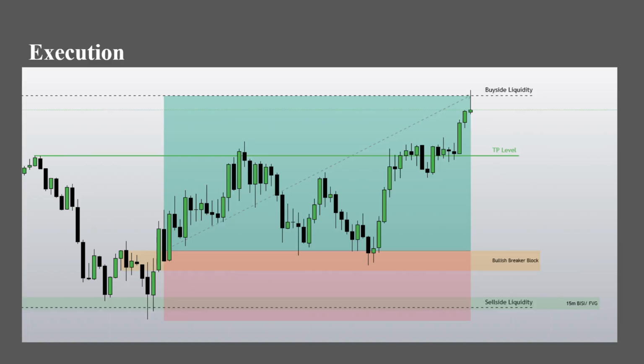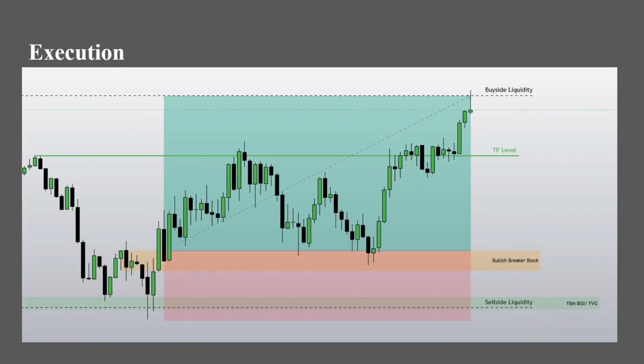It's never a bad place to take profits. Now, I'm not saying take profit at every single potential liquidity area. No. Significant ones. You can see this is a significant high. And so that is suitable for us to take profit. Now it comes down and retested the breaker several times before going to buy side liquidity.